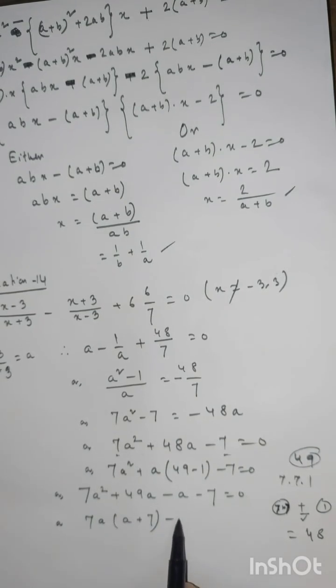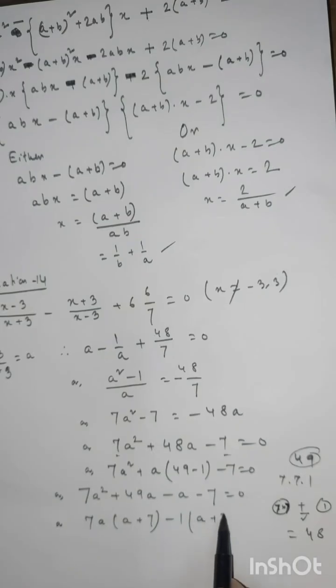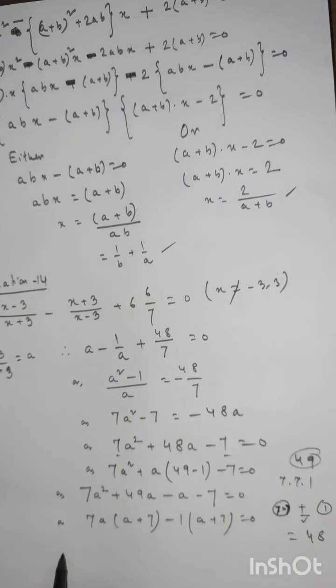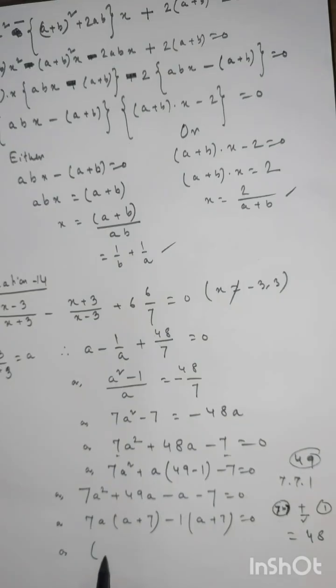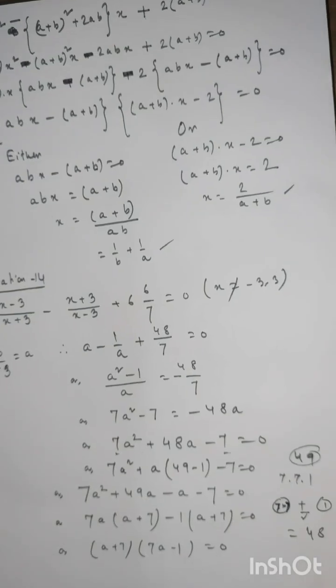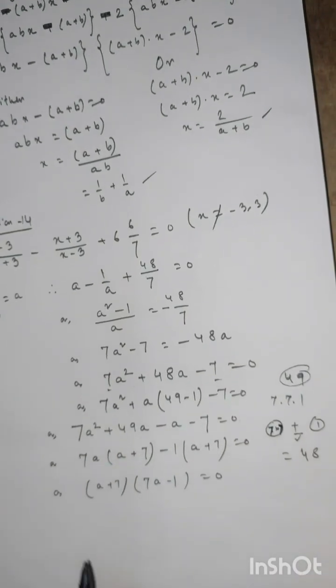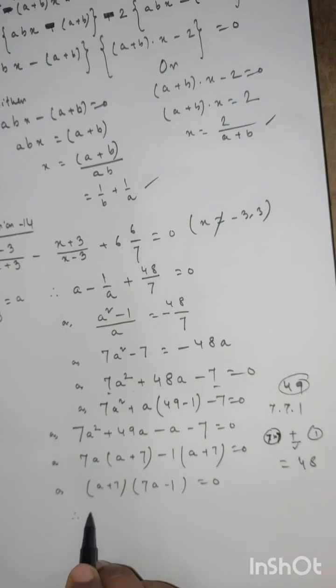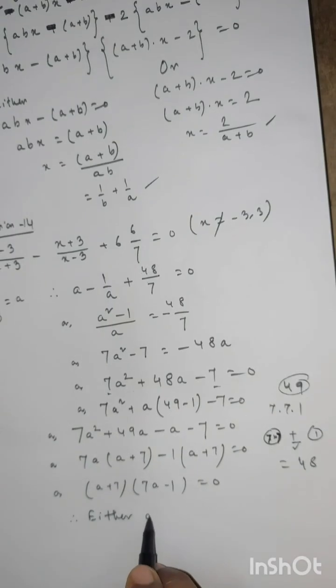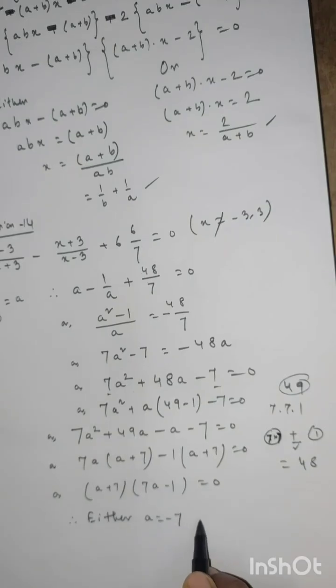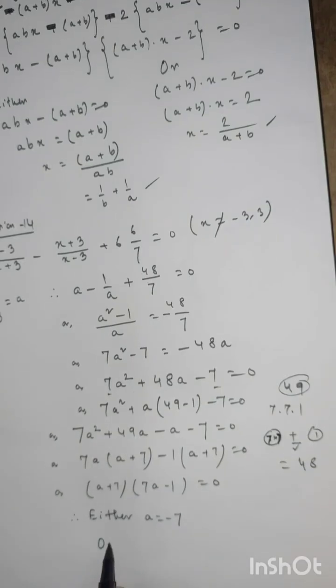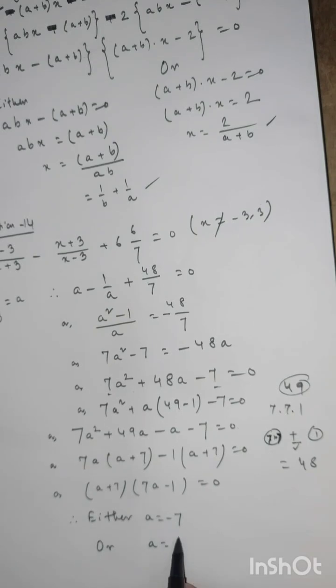If we take a plus 7 common, therefore either a equal to minus 7 or a equal to 1 by 7.